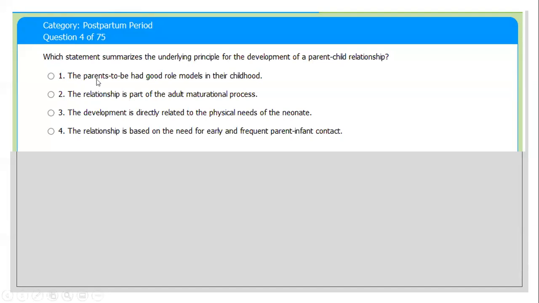Number one, parents need to be good role models for their children. Number two, the relationship is part of the adult maturational process. Number three, development is directly related to the physical needs of the neonate. Number four, the relationship is based on the need for early and frequent parent-infant contact.